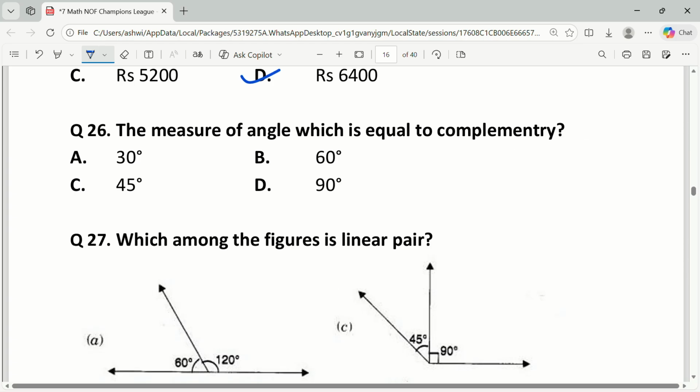The measure of an angle which is equal to its complementary angle is 45. Complementary angles are two angles whose sum is 90 degrees. To find an angle that is equal to its own complement, let the angle be x, and its complement is also x. So x plus x is equal to 90, which is 2x is equal to 90. So x is equal to 45.